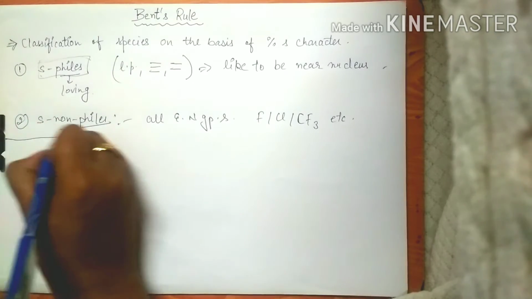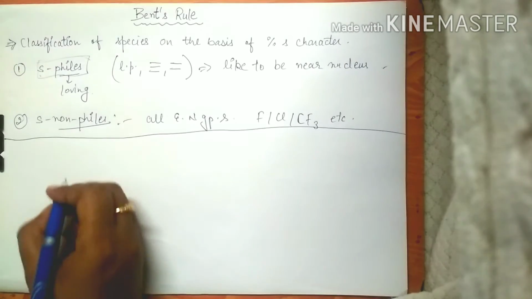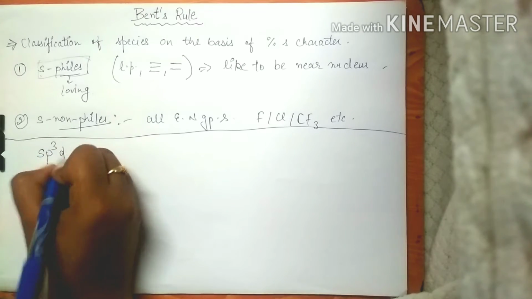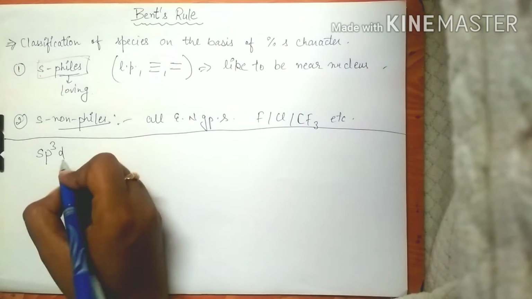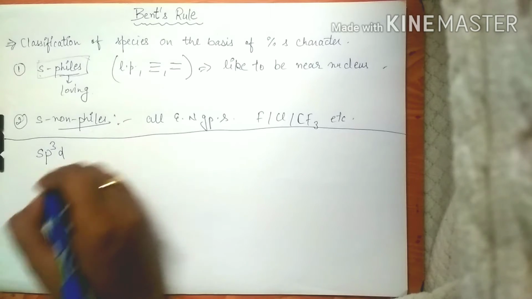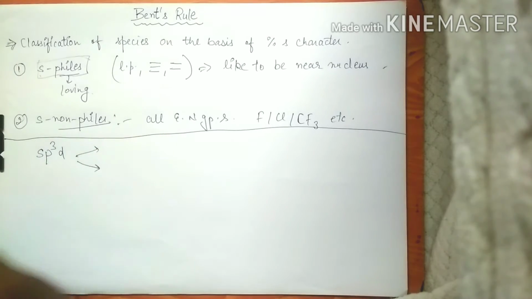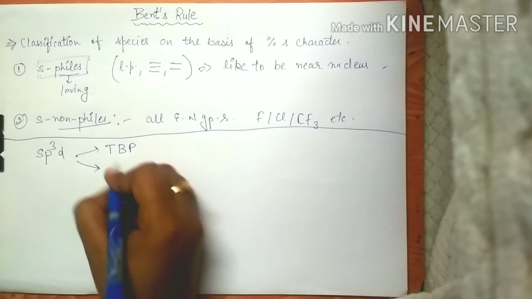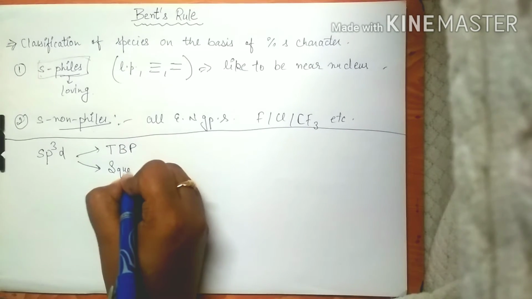Now the second thing which we are going to understand is sp3d hybridization. If a compound is having sp3d hybridization, then it can have two types of geometries, that is trigonal bipyramidal and square pyramidal.